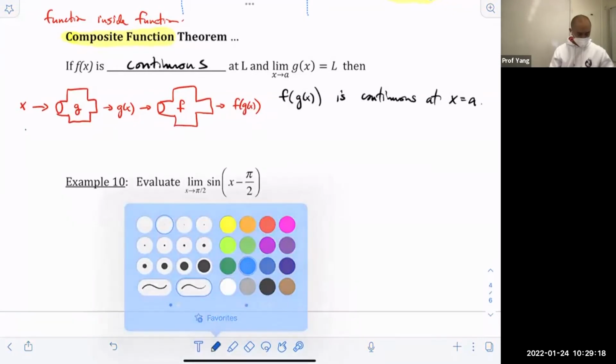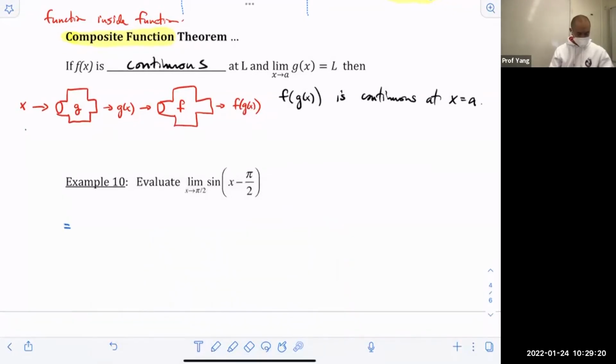So when I look at this, if I want to calculate this limit, we know that sine is continuous on its domain. And so in particular, f of x is continuous at L because sine is continuous everywhere. So our f of x is equal to sine of x. It's continuous everywhere.